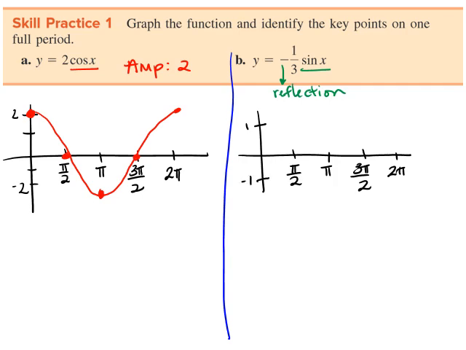Here is 1 and -1. So when I graph this, since this is a sine curve, we will start and end on the baseline halfway between. But because of our reflection, we are going to have a minimum first and then a maximum at 1/3 because the amplitude is 1/3. So our curve looks like this.